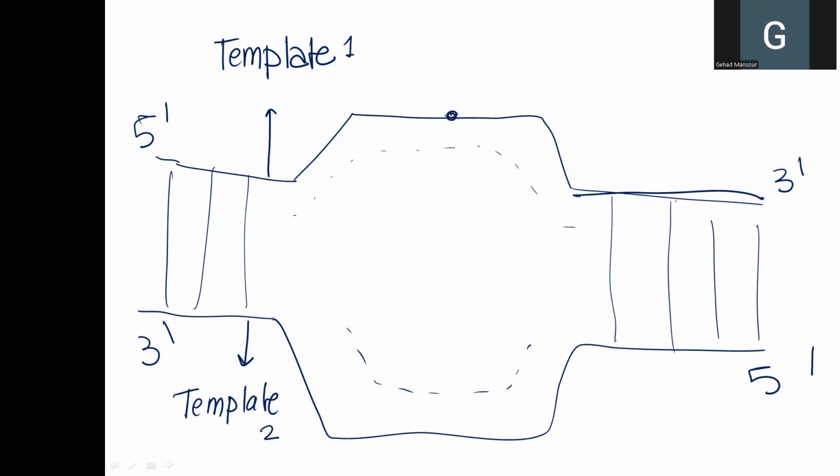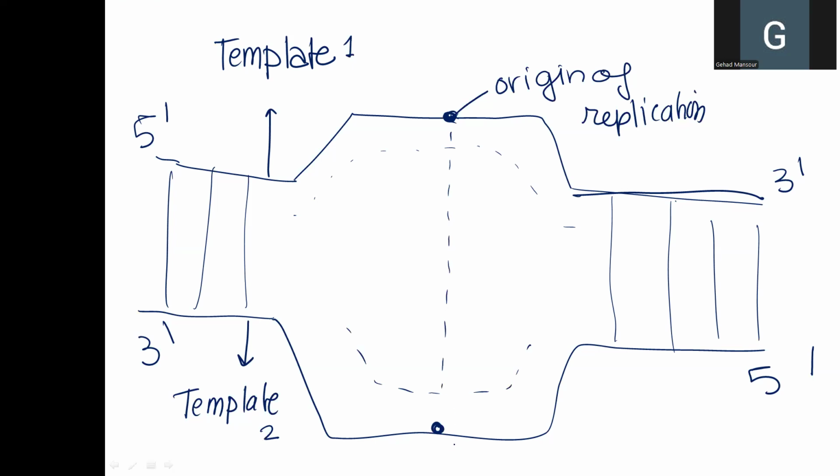But if we consider that this is the origin of replication, then we will divide the replication bubble into two halves. And for each half, we will have a leading strand and its corresponding lagging strand.